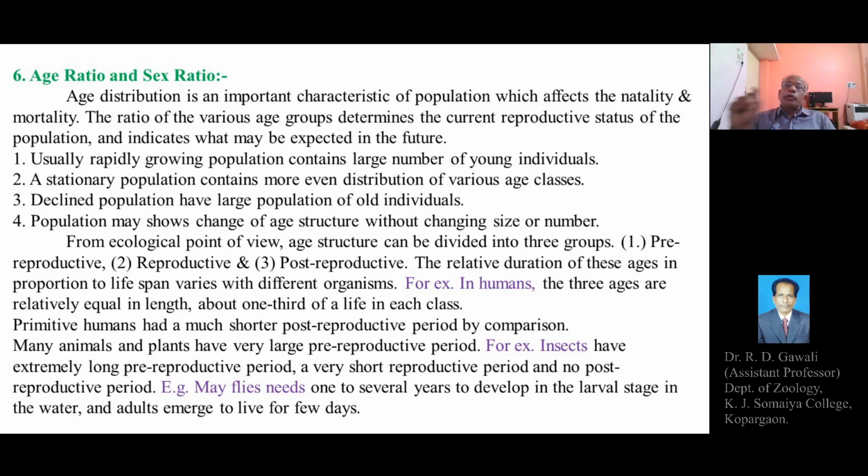That means the pre-reproductive group, or larval lifespan, is much longer, with a very short reproductive period and no post-reproductive or old age group. So these are various conditions that can be observed in different organisms, considering the life stages and the relative time spent in each age group.